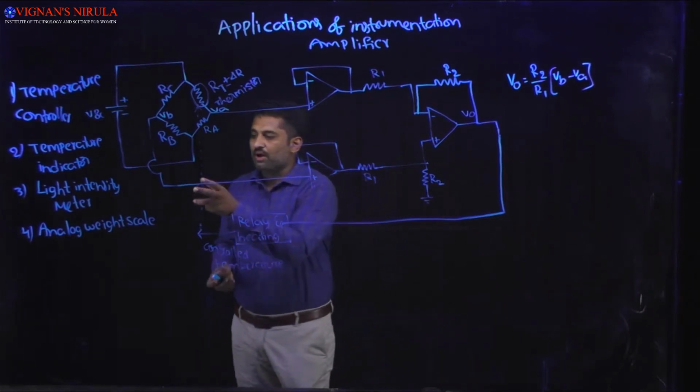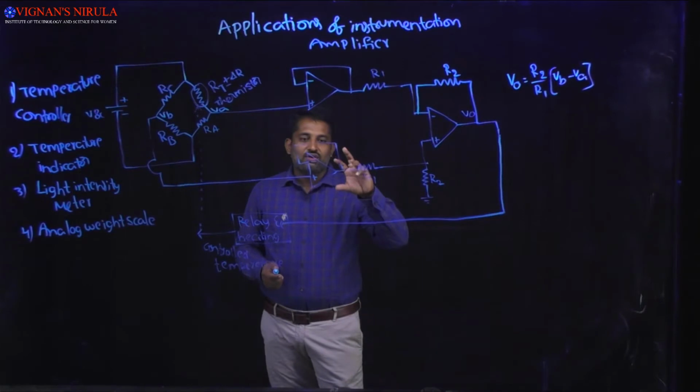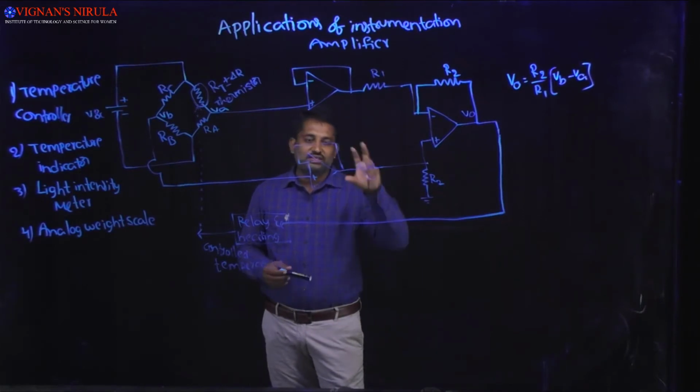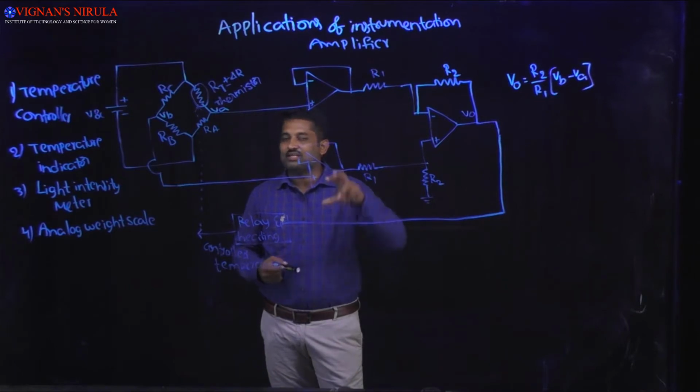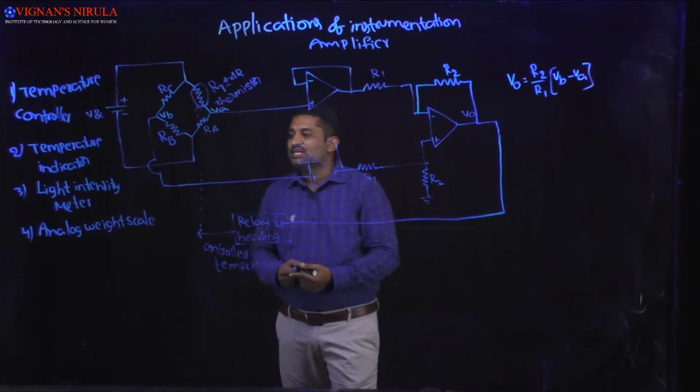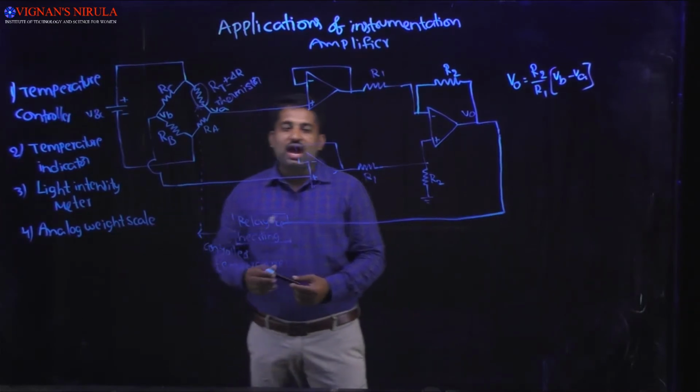And with the light intensity meter, we can measure the change in the flux density, which will be easily calculated with the help of the same instrumentation amplifier.